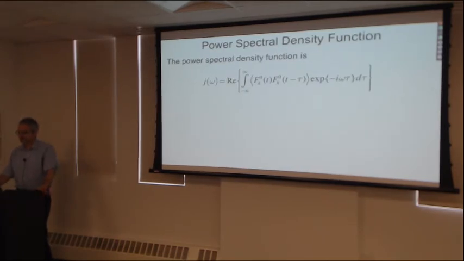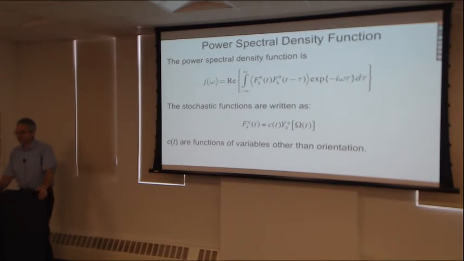So again, it is the real part of the Fourier transform of the autocorrelation function of the F's. And at least in solution, and next time we'll talk a little bit about solid state and about relaxation, so if there are exceptions, we'll see them.